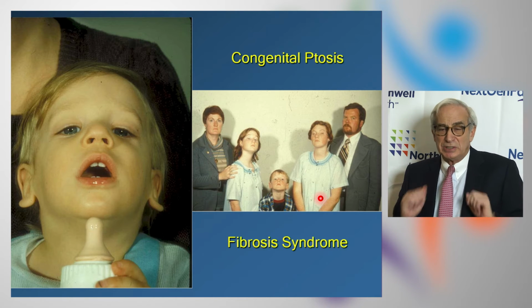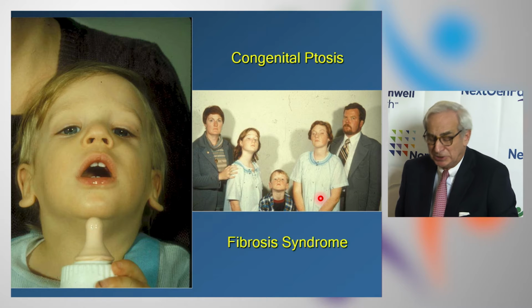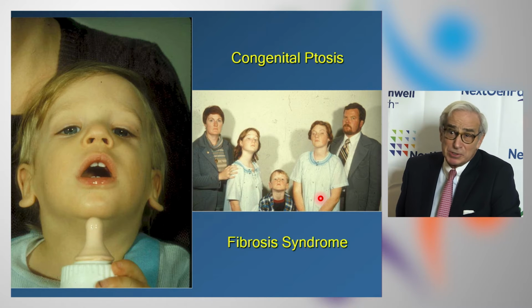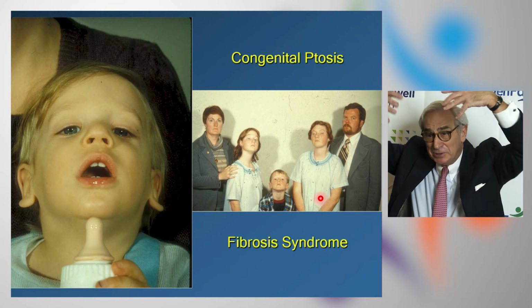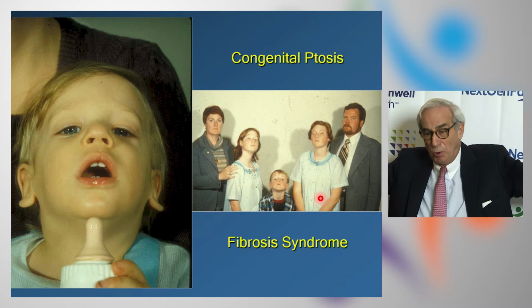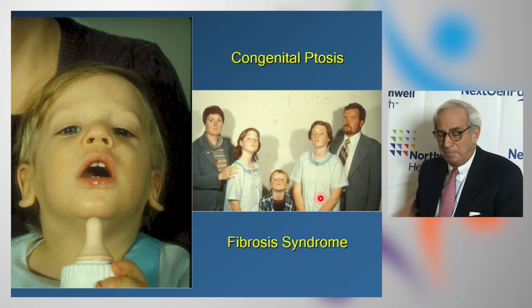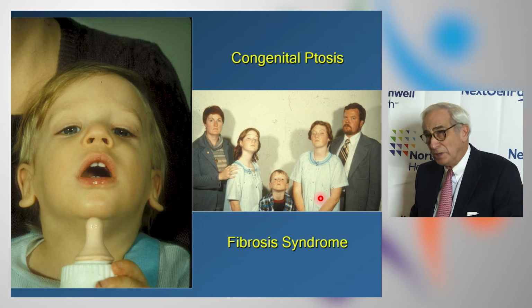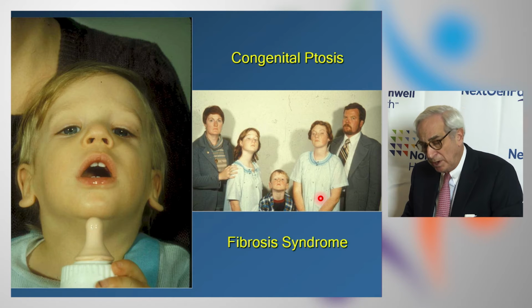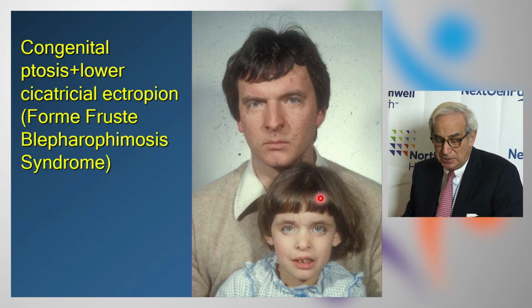If you see a child coming into your practice in a chin-up position, it's because they're trying to avoid the blockage of upper fields of gaze. It's like a horse with blinders. Their blinders are up above, and their natural head posture is chin up, which later produces cervical spine abnormalities, headache, whatever. But this is an example of fibrosis syndrome.